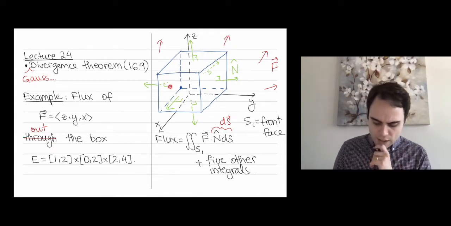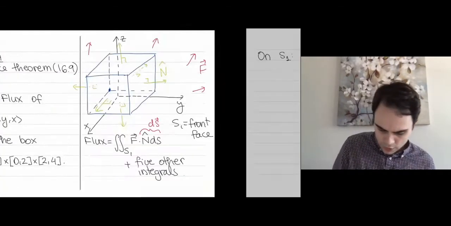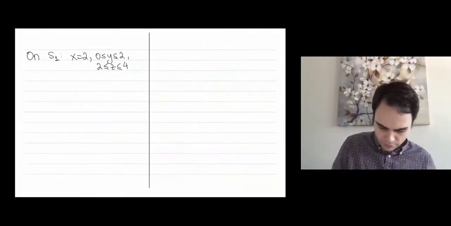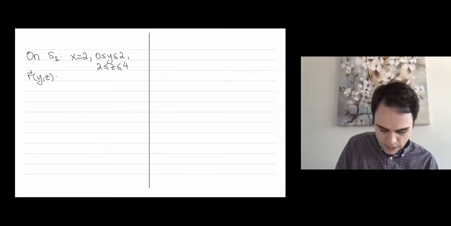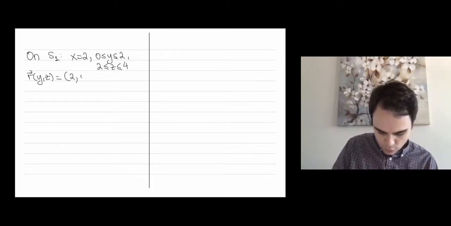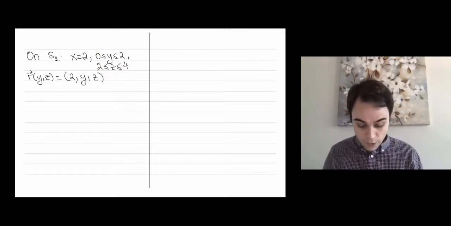So I'll use Y and Z as coordinates for these points with the understanding that X is always equal to 2 for them. So strictly speaking, using the language of parameterization, here we have R. So our parameters will be Y and Z, and the parameterization will be X is always equal to 2, Y is itself, and Z is itself. And the bounds for the 2 parameters are given here.